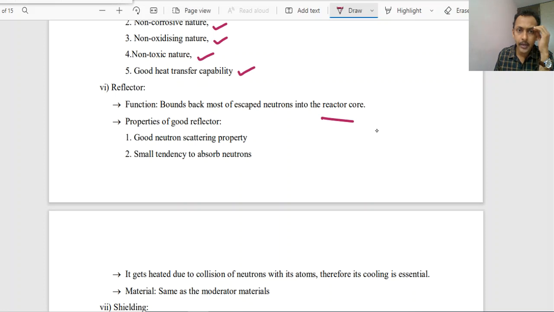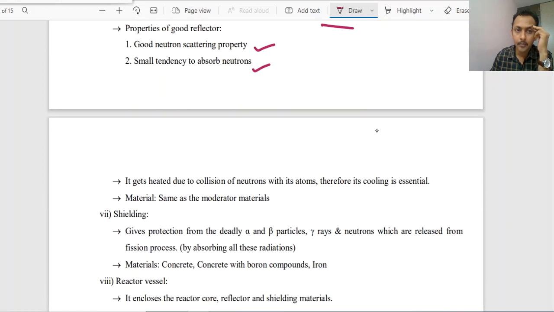The good properties of the reflector are a good neutron scattering property and a small tendency to absorb the neutrons, and it also gets heated due to the collision of neutrons with its atoms. Therefore its cooling is essential for a reflector. All those things are to be maintained.